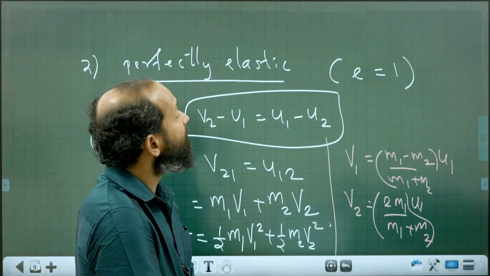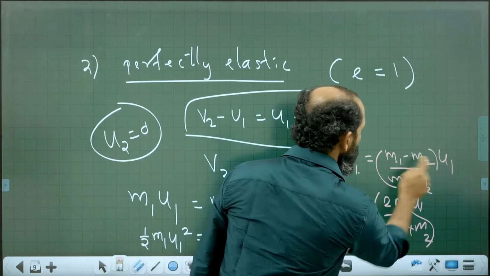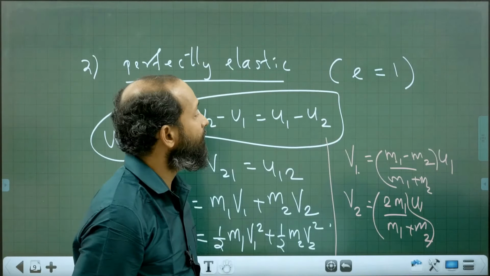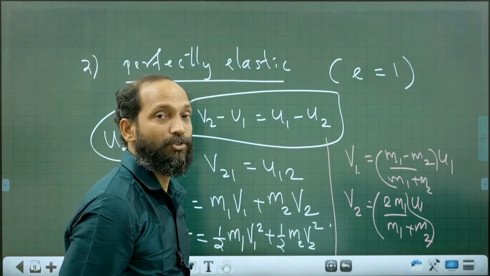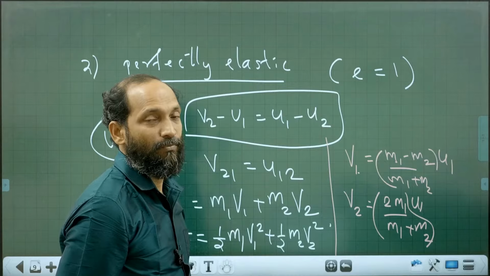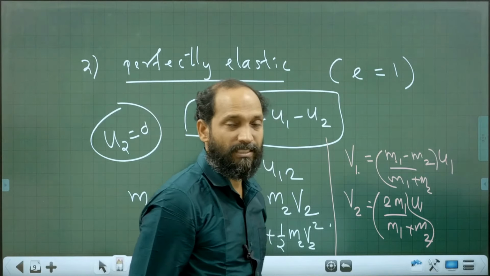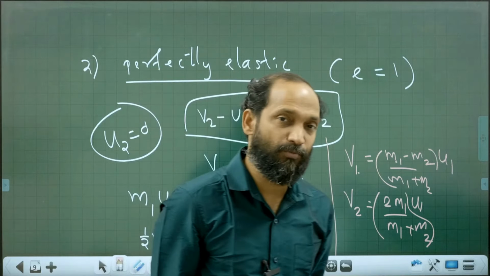See, if m1 equal to m2, a very important result comes out. m1 equal to m2, v1 equal to 0. The first body comes to rest because the second body was at rest. So the velocity of the first body becomes the velocity of the second body after collision, and the velocity of the second body becomes the velocity of the first body.